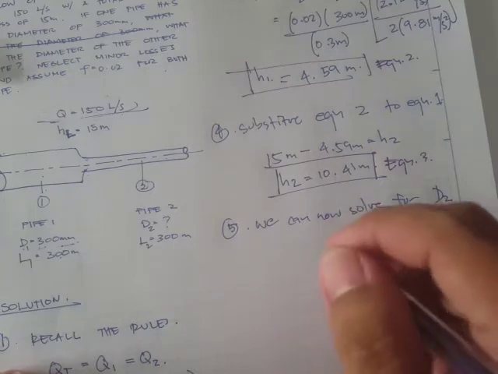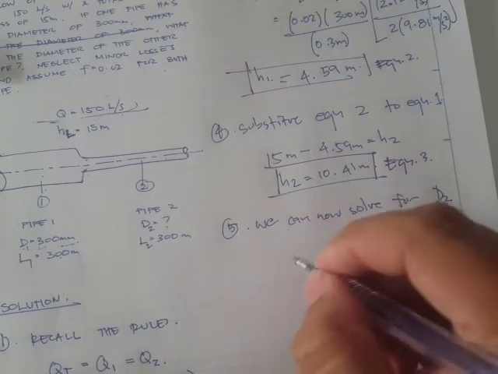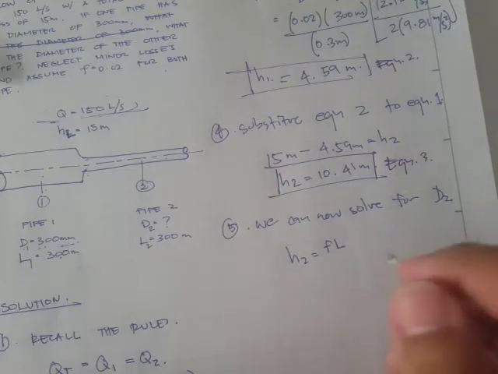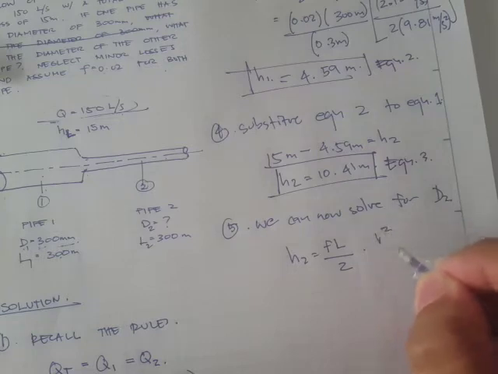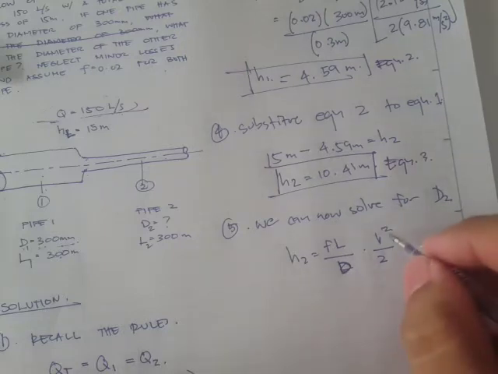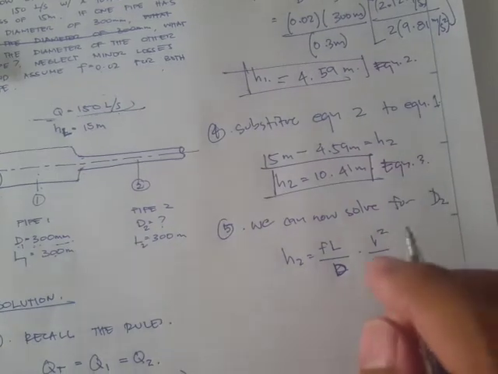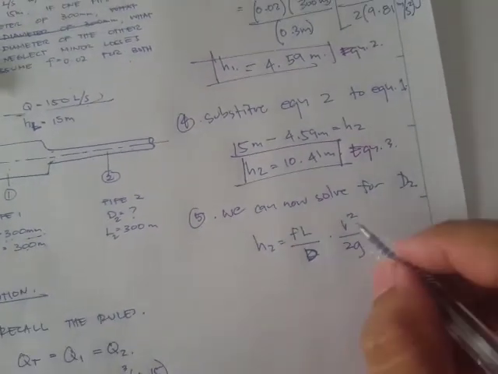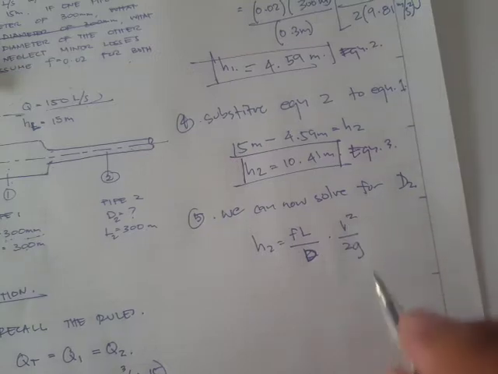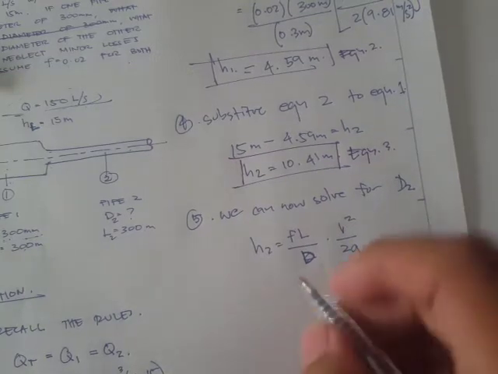Okay, so our working equation is H sub 2 is equal to FL over D times the V squared all over 2G. Okay, so let's express this in terms of the flow rate and then the area.